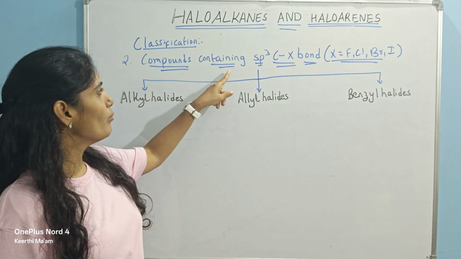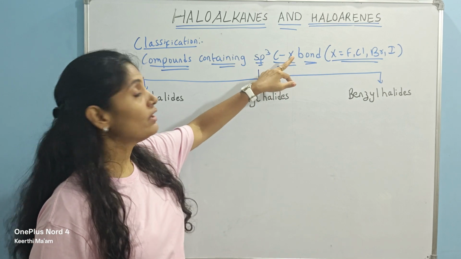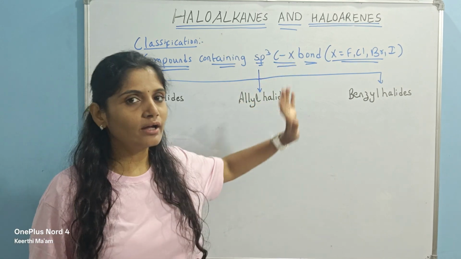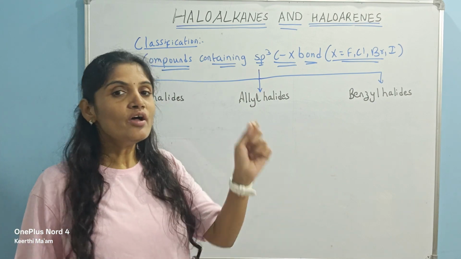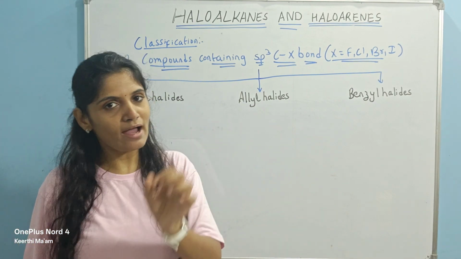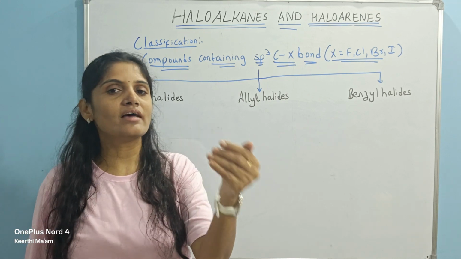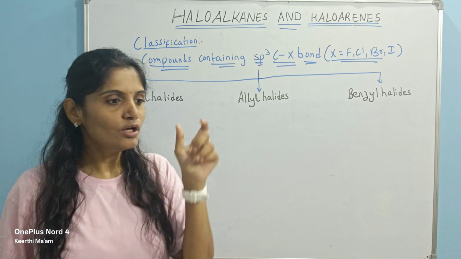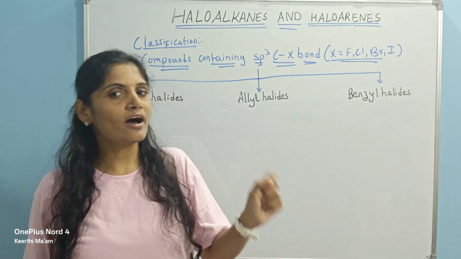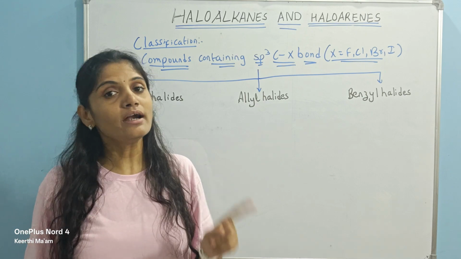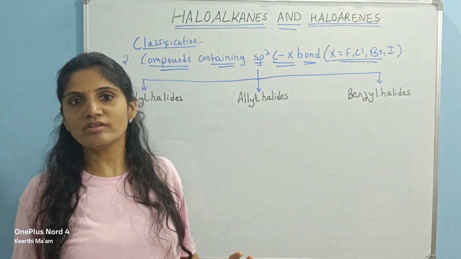Let us classify the compounds containing an sp3 carbon bonded to halogen. Basically we are trying to divide those compounds which have a C-X bond, a carbon-halogen bond, where the carbon has sp3 hybridization. In haloalkanes and haloarenes there will be a carbon-halogen bond, and that carbon holding the halogen should have sp3 hybridization.